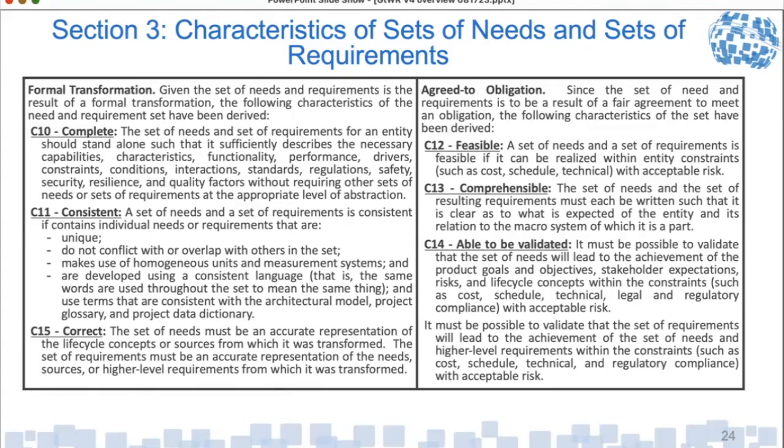And again, from an agreed-to obligation standpoint, even though individual requirements may be feasible, you'd want the set as a whole to be feasible. You want it comprehensible. When people read your set of requirements, you would expect them to clearly understand what they're supposed to build. The set needs to be able to be validated for both the needs and requirements. So again, from a contract standpoint, you would think that you would have these characteristics.